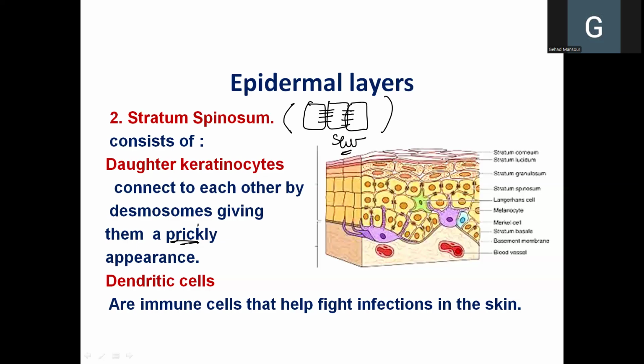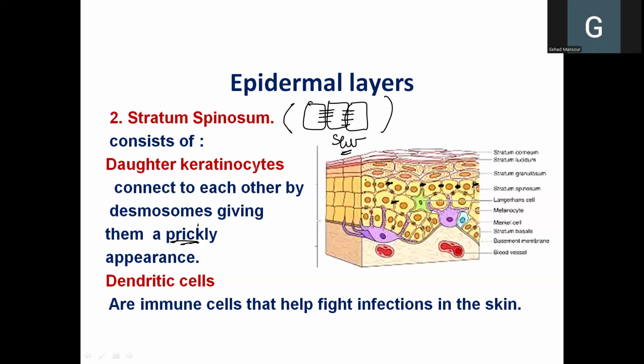So we call this layer, which consists of several layers, 4 or 5 layers. As you can see, these junctions in between the cells, the filamentous structures, look like staples or threads that join the cells together.